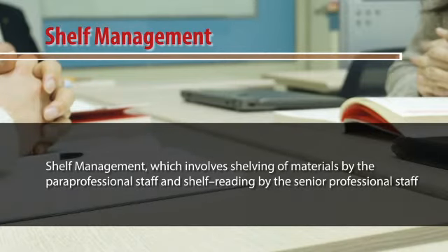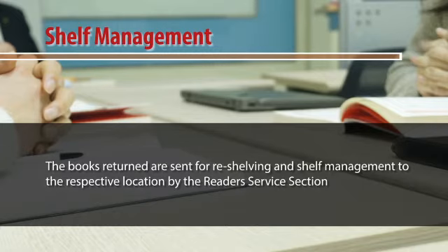They need to be placed at the proper shelving position in the stacks. So shelf management involves shelving of the material by professional staff, or shelf reading by senior professional staff. The returned books are sent for reshelving to the respective location by the reader services section.